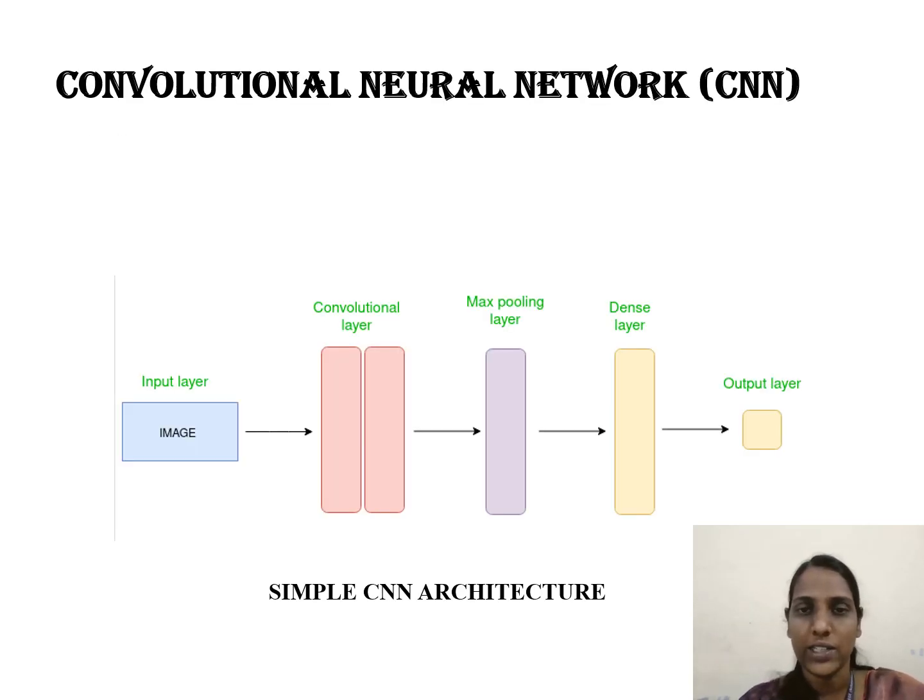First we see what CNN is, that is, convolutional neural network. This is a simple CNN architecture. First there is the input layer, where we upload the images. Next is the convolutional layer.